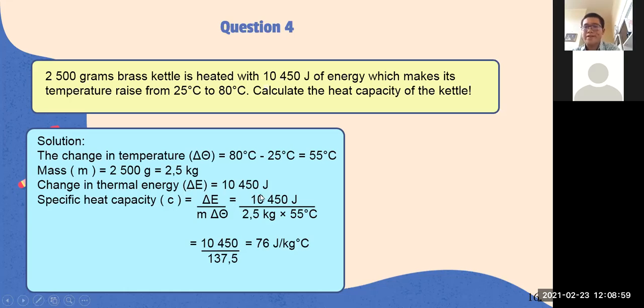And then we sum it up in one simple formula, which is the formula for specific heat capacity, or C, which is delta E divided by the mass times the change in temperature, which is 10,450 joules divided by 2.5 kilograms times 55 degrees Celsius. So the final result is 10,450 divided by 137.5, and then the answer is 76 joules per kilogram degree Celsius. So the answer for this question is 76 joules per kilogram degree Celsius.